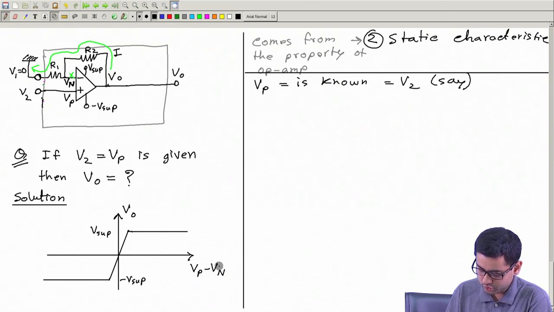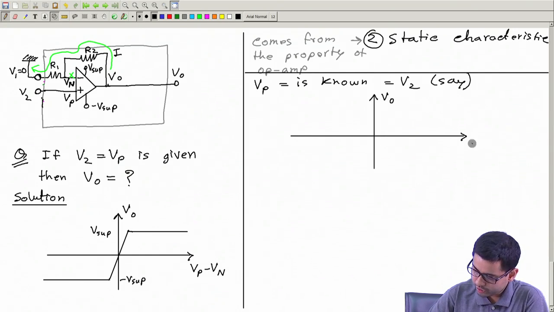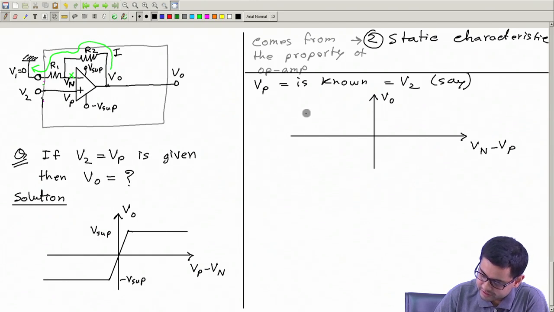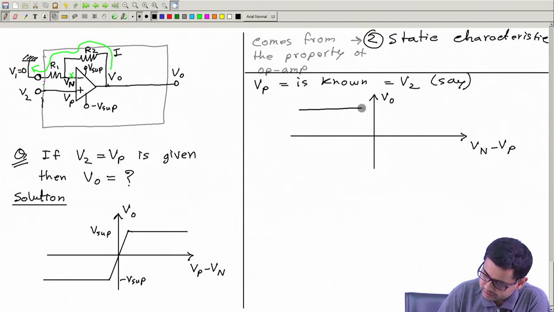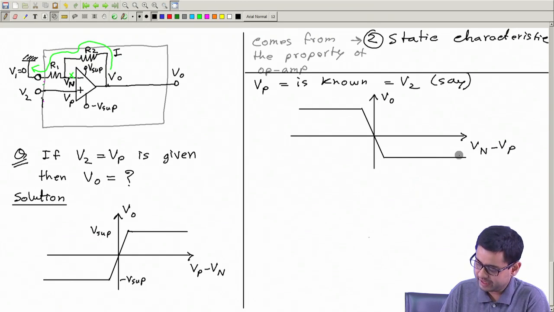Now what we will do, we will draw this graph in a slightly different way. How? Vo, here we will draw Vn minus Vp. Here it was Vp minus Vn, here we will draw Vn minus Vp. Now, so this will then look like this, opposite, right?